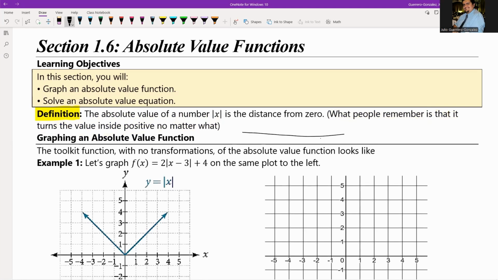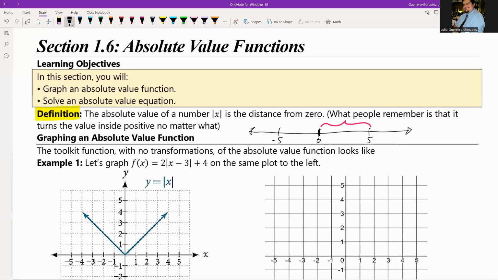So for example, let me go ahead and draw a number line here, and let's say this is zero. I'm going to take two values, -5 and +5. Keep in mind that what the absolute value does is give the distance away from zero. So this distance right here is 5 away from zero.